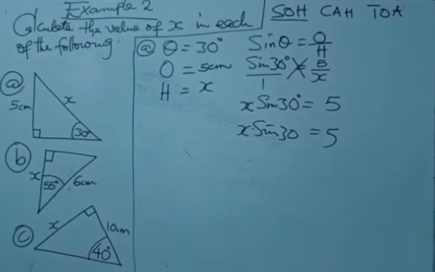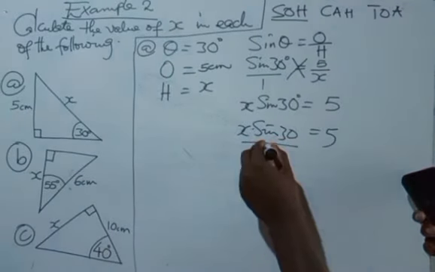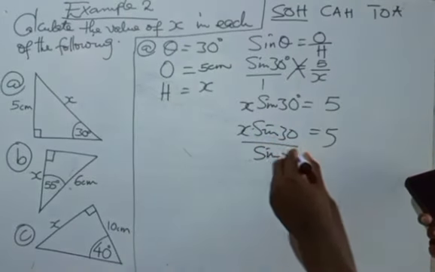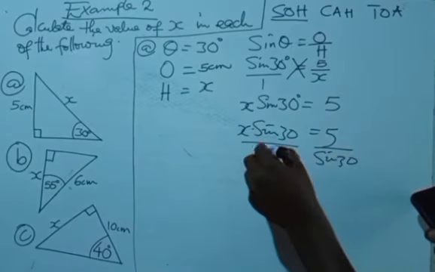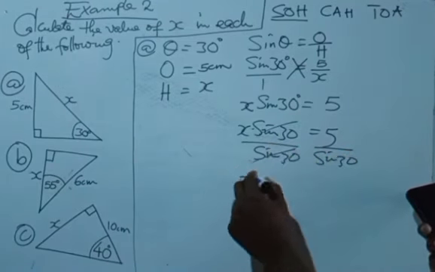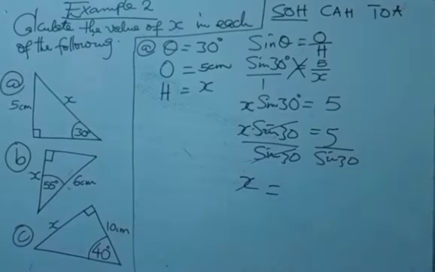Then divide by sine 30, and on this other side sine 30 as well. So we have x is equal to 5 divided by sine 30. Maybe you can still use a calculator.